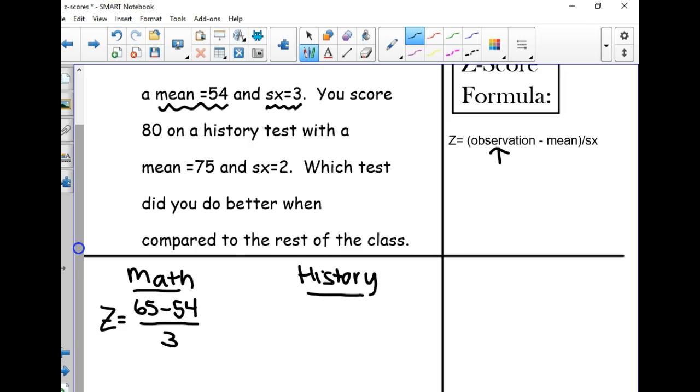So you either use parentheses over the numerator, or you do the numerator first, hit enter, and then divide by the denominator. So when I take 65 minus 54, and I hit enter, I get 11, and then I divide by 3, and I get 3.67. With our Z-scores, always round to the nearest hundredth. That's the second decimal place.